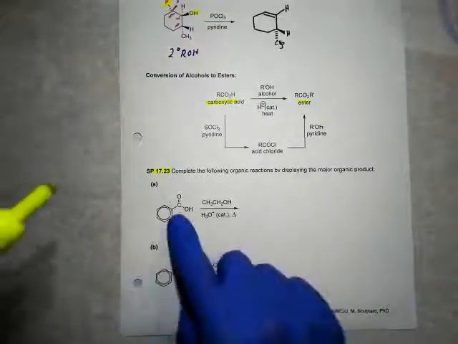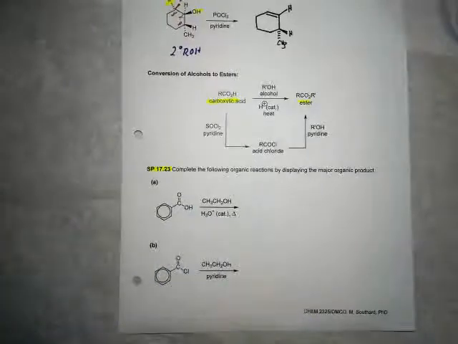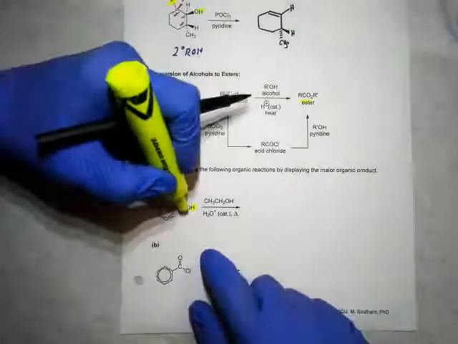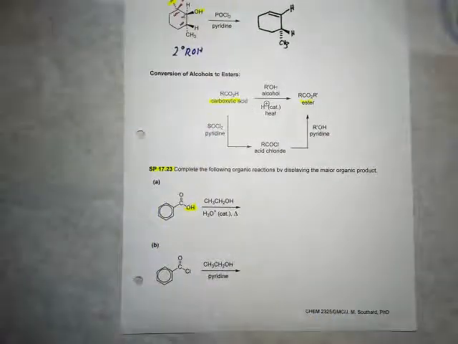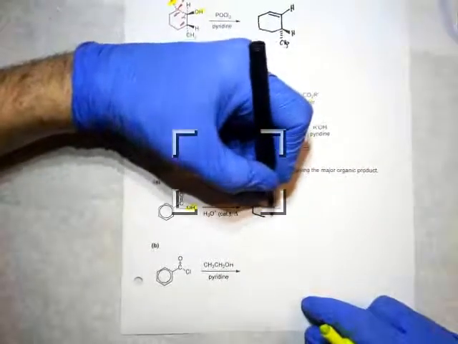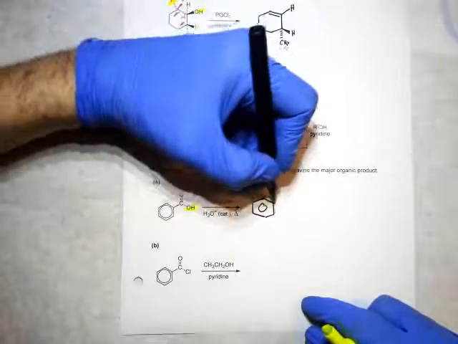Notice here we have benzoic acid, we have ethanol, and we have an acid catalyst. What's going to happen here is we're going to replace this whole group, the OH group, entirely with this. It becomes really easy to understand once you see how this works in an overall sense.